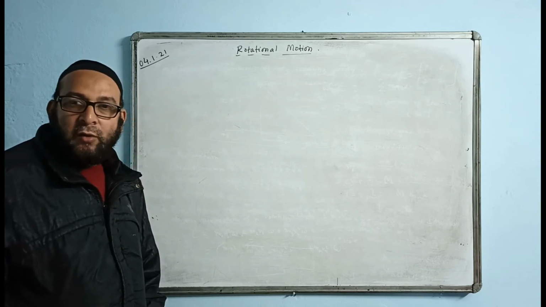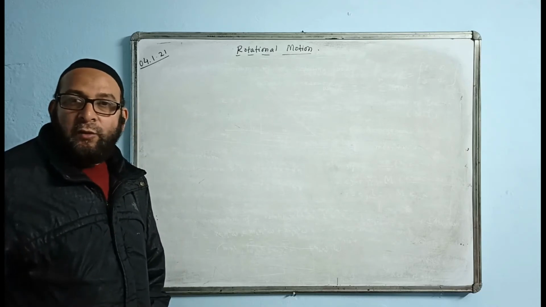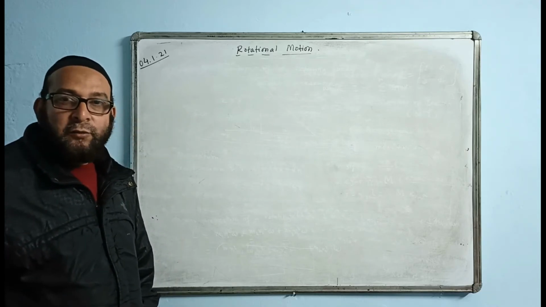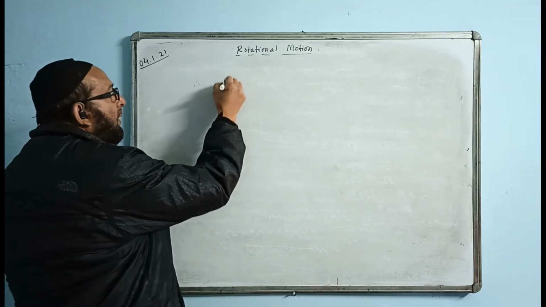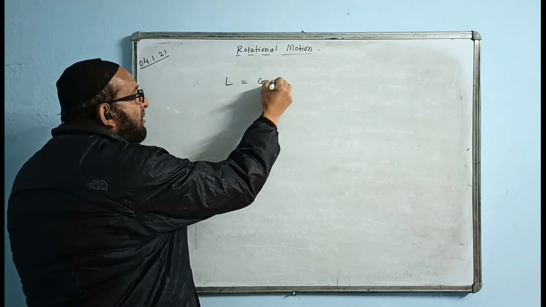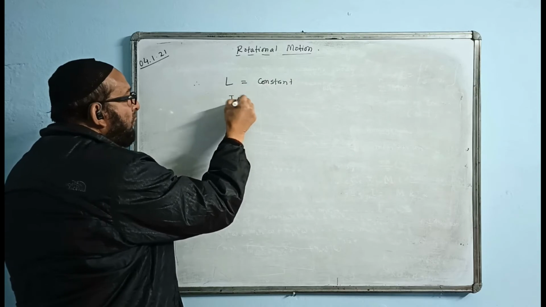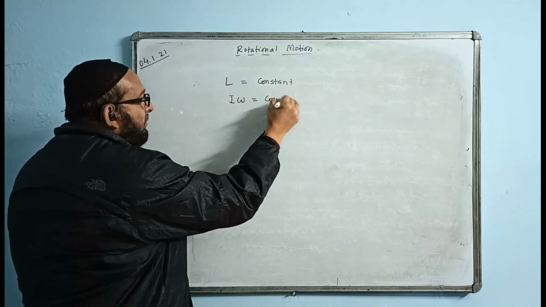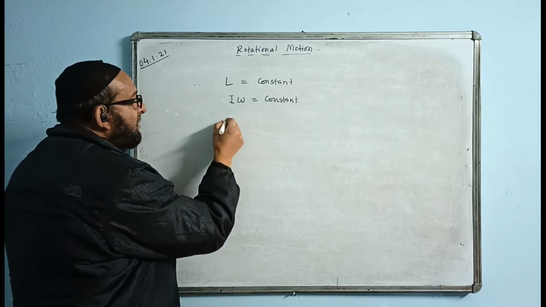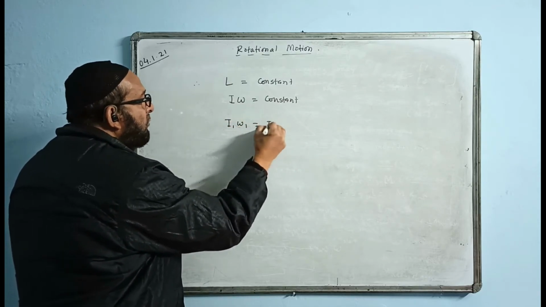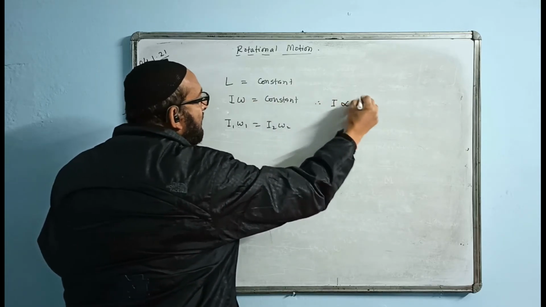When no external torque, because here torque is equivalent to force. Therefore L is equal to constant. Angular momentum remains constant when there is no external torque. And formula of L we have I omega is equal to constant. That means for two cases we can write I1 omega1 is equal to I2 omega2. And from here we say I is inversely proportional to omega.